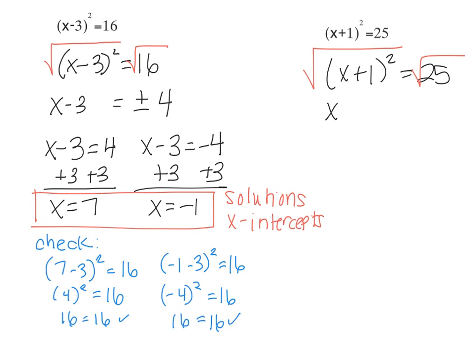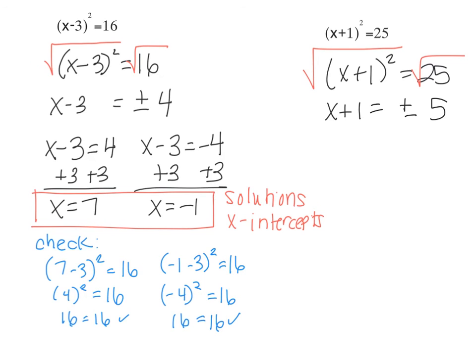So we get x plus 1, because the square root undoes the square, and it leaves me with just the x plus 1, equals, and remember, I took the square root, so my answer is plus or minus the square root of 25, which we know is 5.